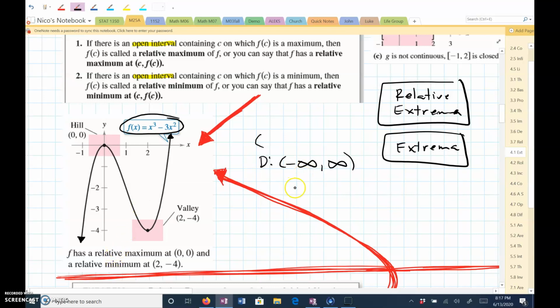We can't say that the max is at negative or positive infinity, because that's a concept. That's not an actual number. That's the idea that numbers just grow without bound. But we would have a relative max and a relative min.